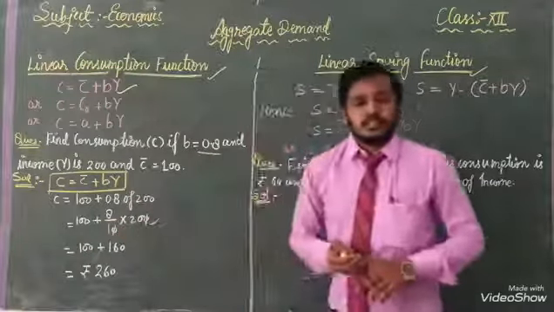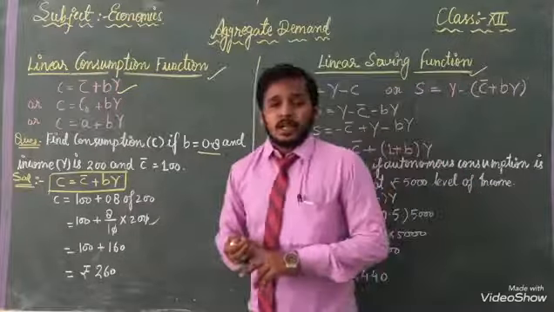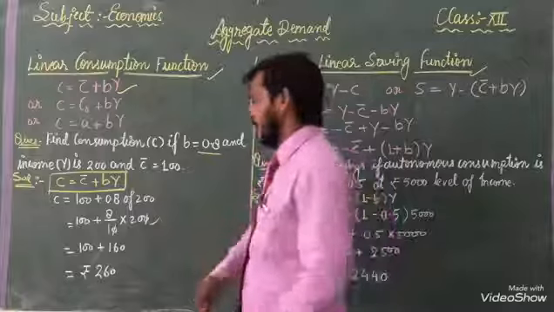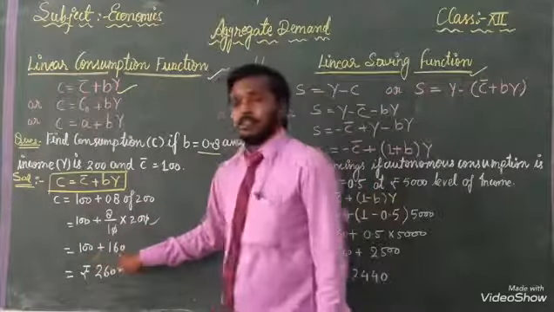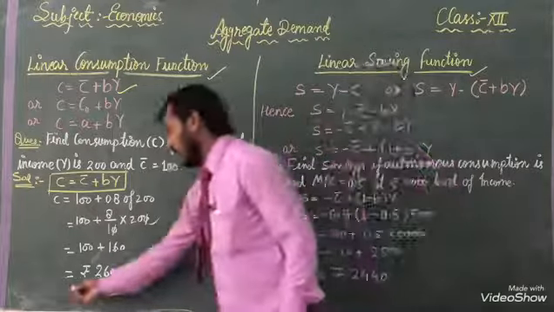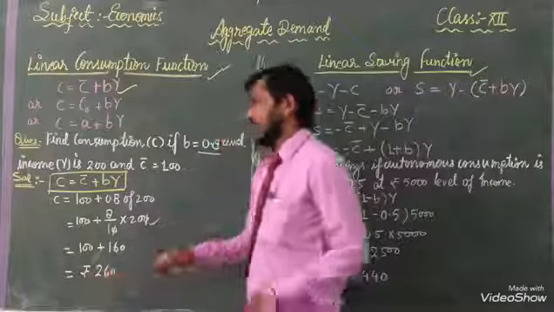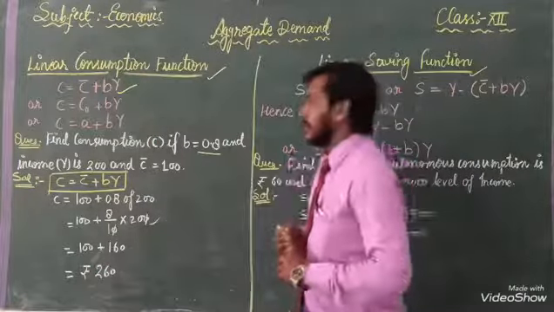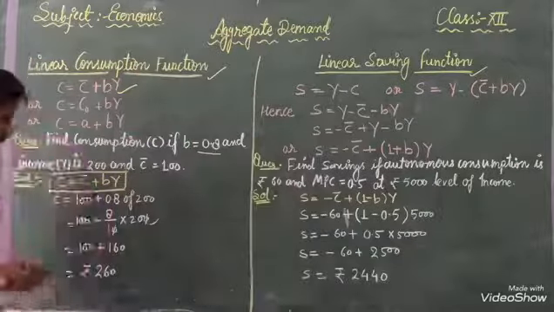We know very well how to solve these types of equations. We get 100 plus 160, and adding, we get rupees 260. It means consumption is 260 rupees.